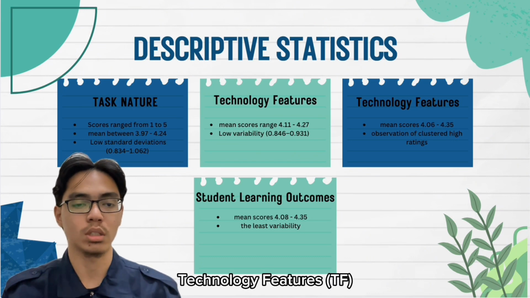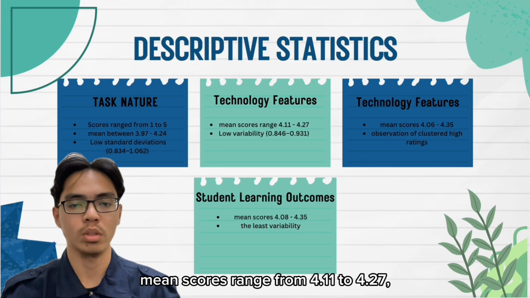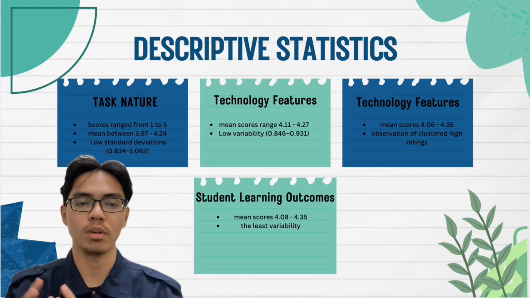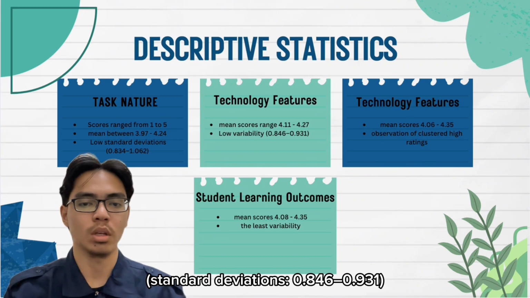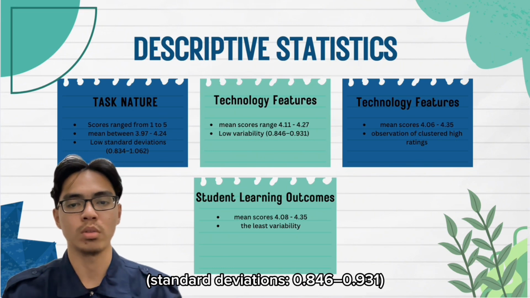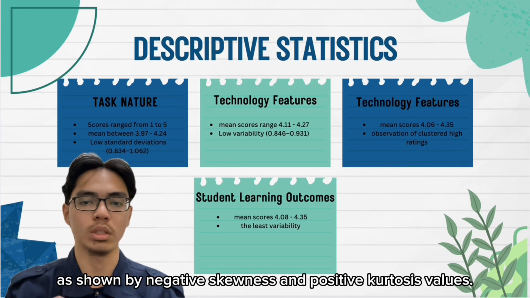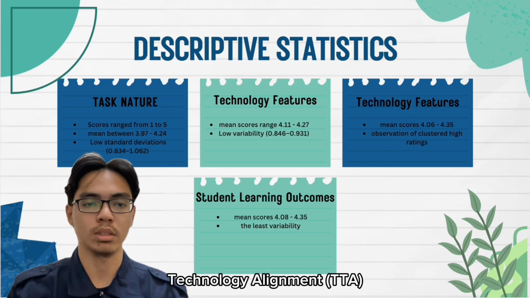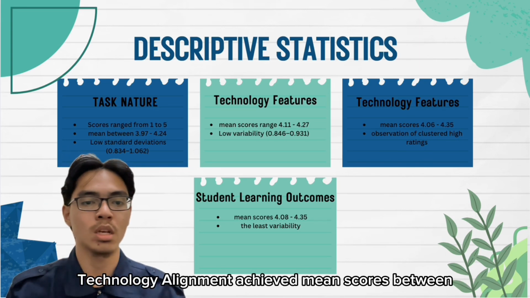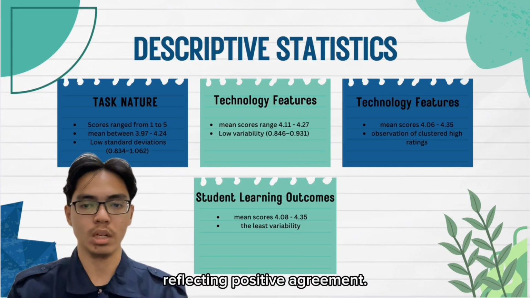Next, technology feature (TF). For technology feature, mean scores range from 4.11 to 4.27, with TF rated the most positively. Low variability is shown by standard deviations of 0.846 to 0.931, and strong agreement is evident, as shown by the negative skewness and positive kurtosis values. Third, task technology alignment, TTA. TTA achieved mean scores between 4.06 and 4.35, reflecting positive agreement.